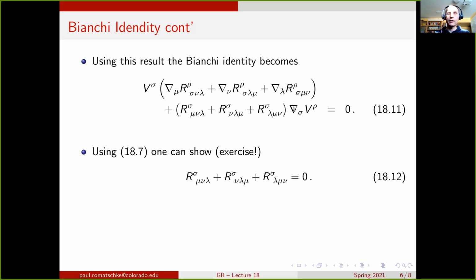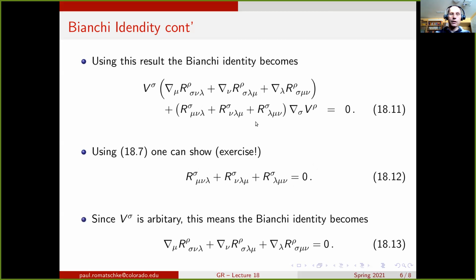So if we use this, then it means that that second piece of the Bianchi identity is just 0, and our Bianchi identity becomes just a statement on the derivative of this R tensor, because this vector in front here is arbitrary, and if the vector times this combination of derivatives is vanishing, then since the vector is arbitrary, the combination of these derivatives themselves must be vanishing.